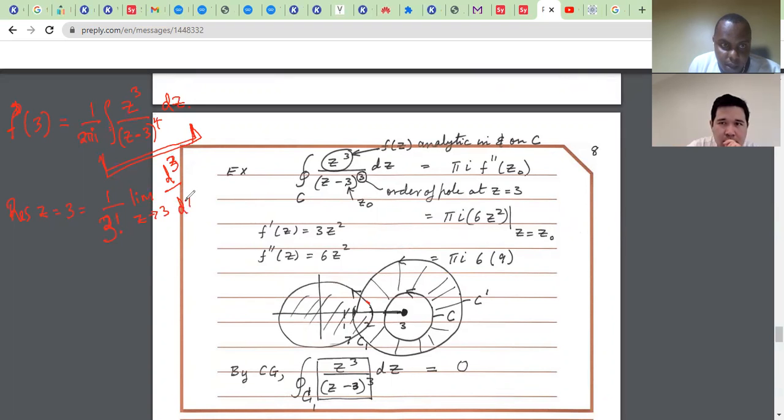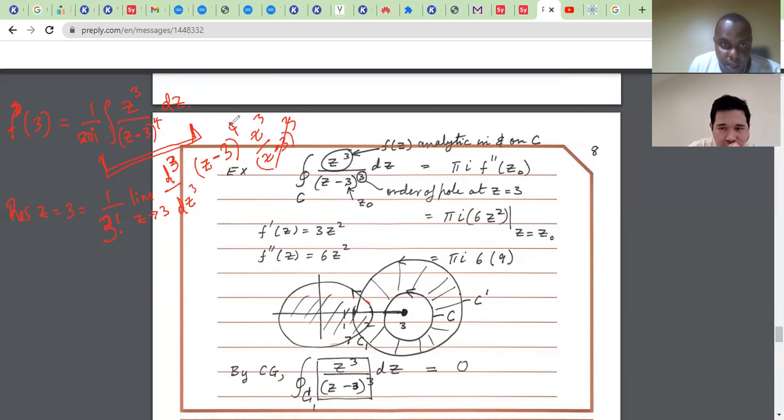Of z minus 3 to the power of 4 times f of z, that's z cubed over z minus 3 to the power of 4.